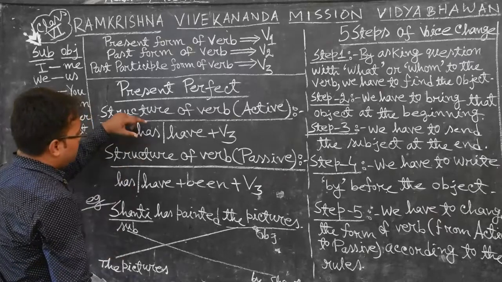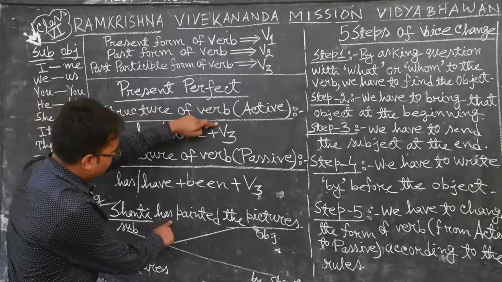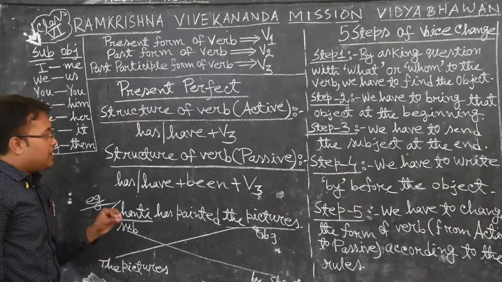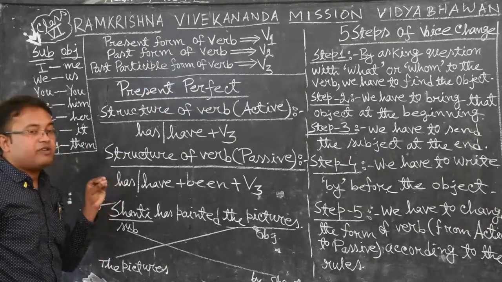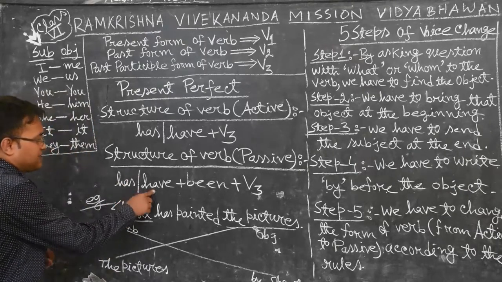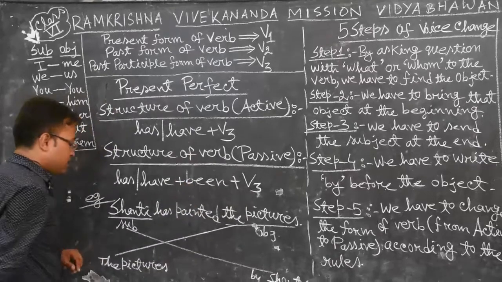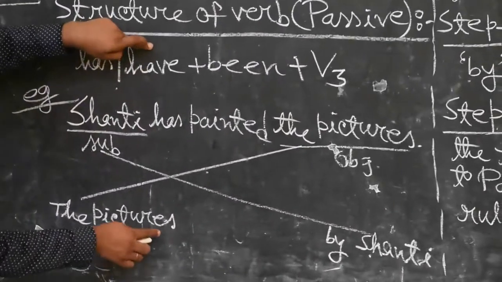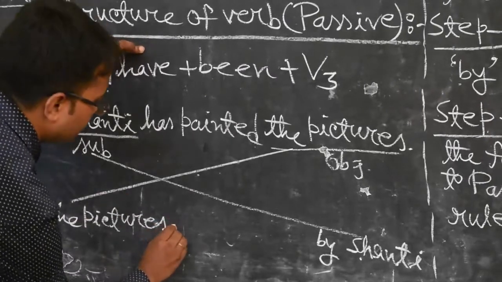So here it is Shanti has painted. It is in present perfect tense. So what is the structure of verb in passive voice of present perfect tense? It is has or have plus been plus V3. I will take have as this is plural.